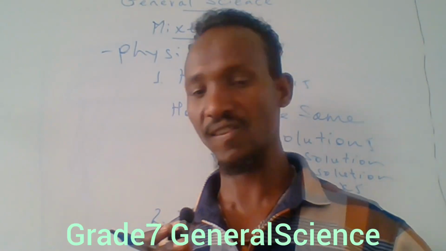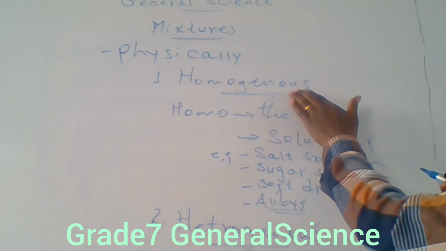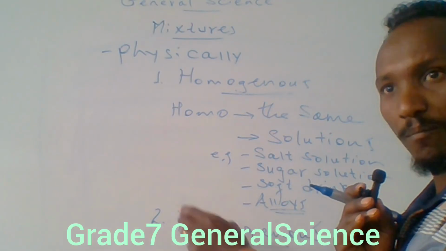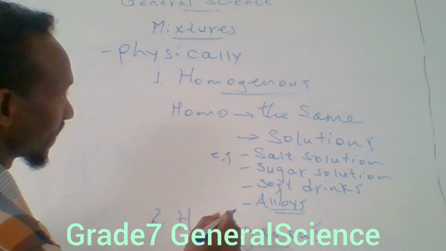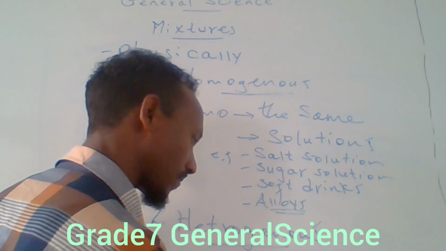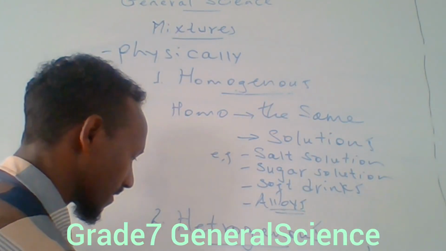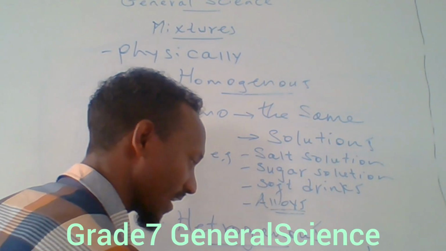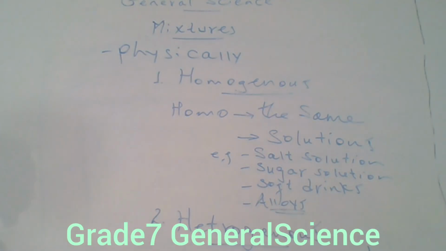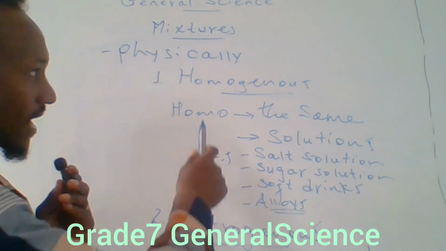But the difference between heterogeneous and homogeneous mixtures is that the components of homogeneous mixtures cannot be seen with our naked eye, but the components of heterogeneous mixtures can be seen with our naked eye or with the help of a microscope.